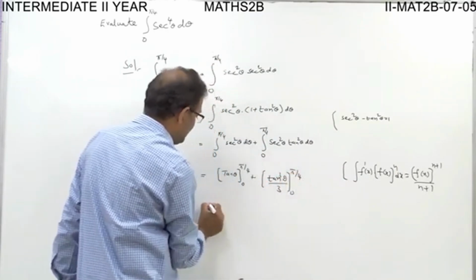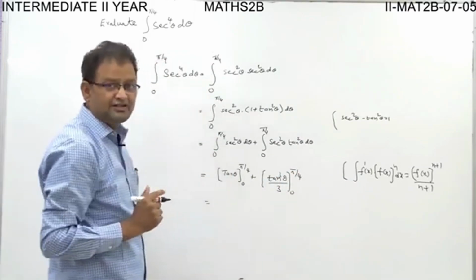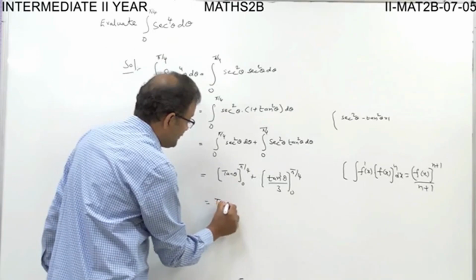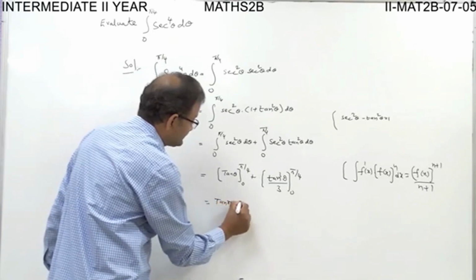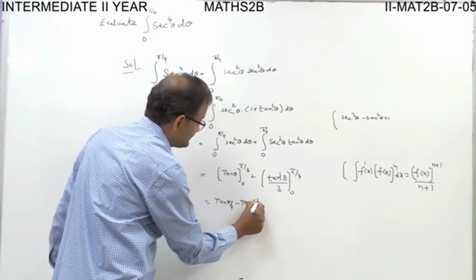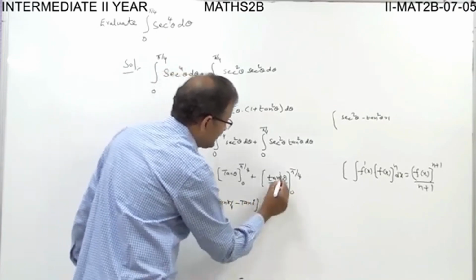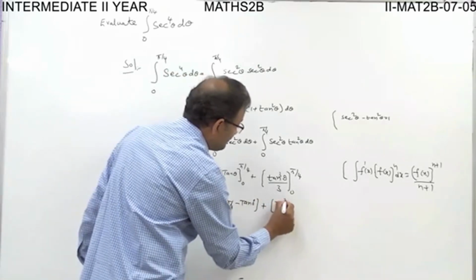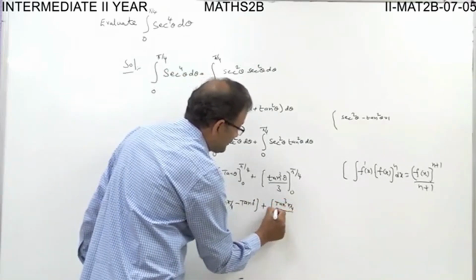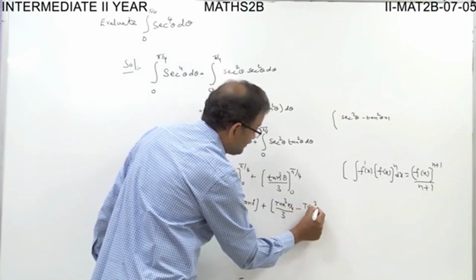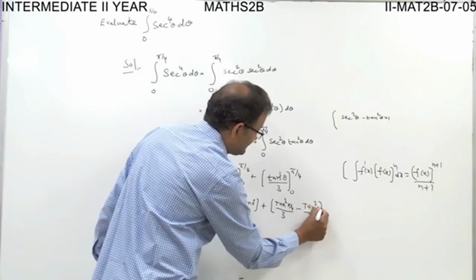Now in each, substitute upper limit minus lower limit. Tan pi by 4 minus tan 0 degrees plus tan cube pi by 4 by 3 minus tan cube 0 degrees by 3.